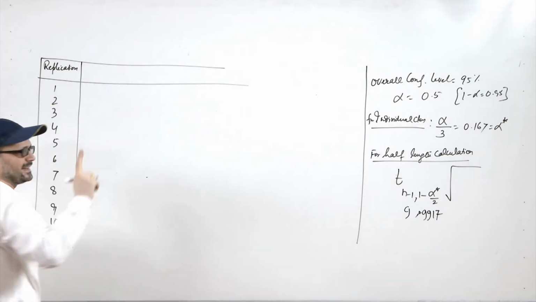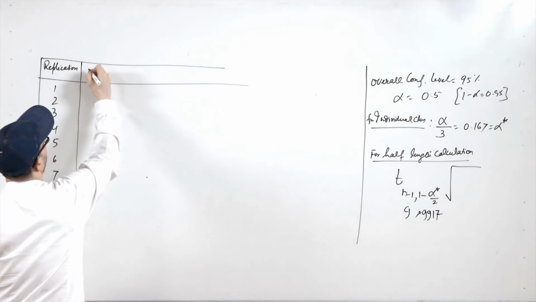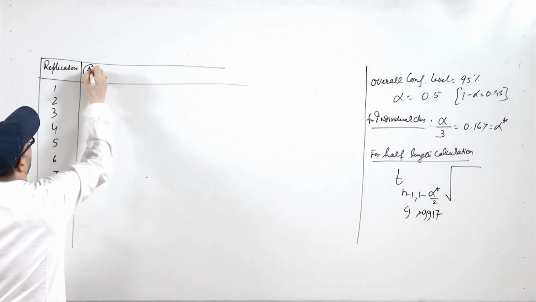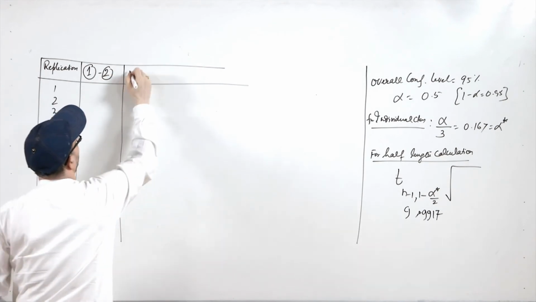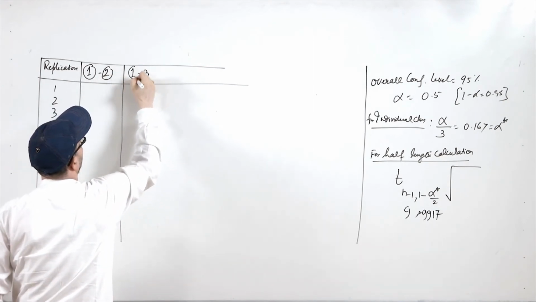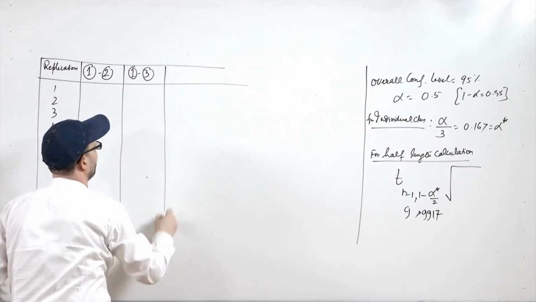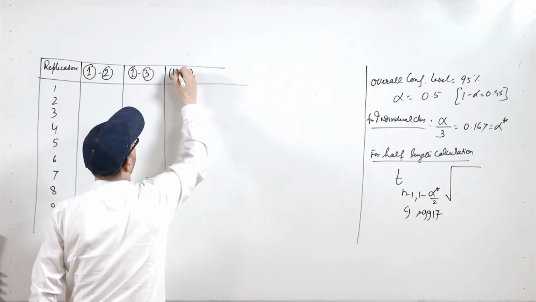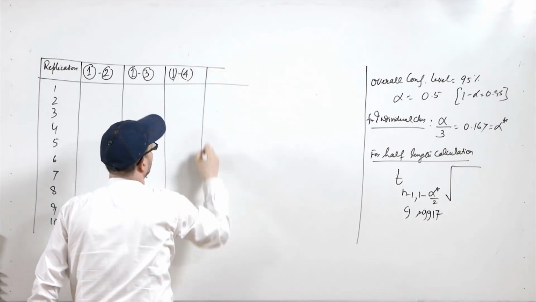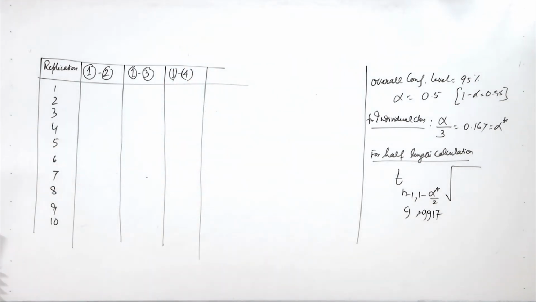So, 1 is the standard. So, what we get is 1 minus 2. Then we may get 1 minus 3, and then we will get 1 minus 4.